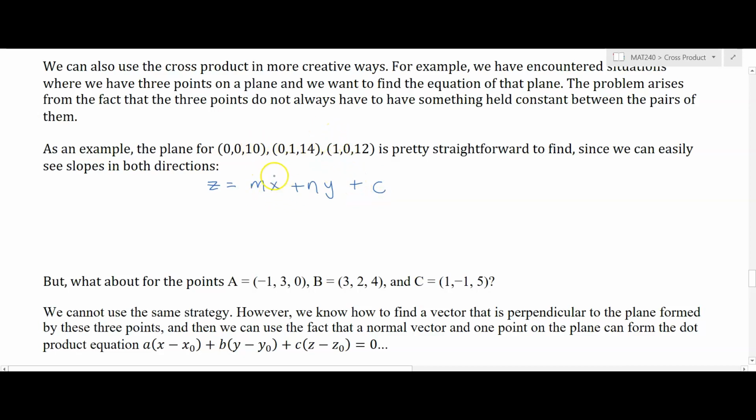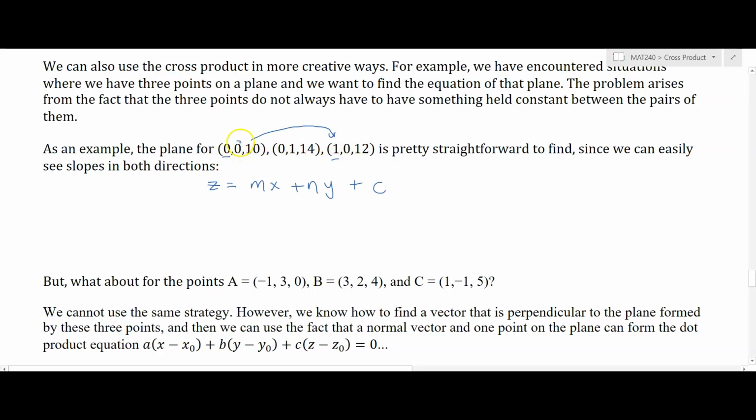To figure out the slope in the x direction, we just have to look at a situation where only the x value increases, but the y value does not. So we see from here to here, between these 2 ordered pairs, the only thing that's changed is the x component has gone from 0 to 1.